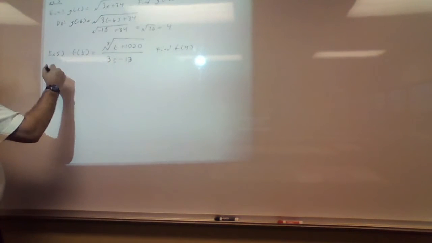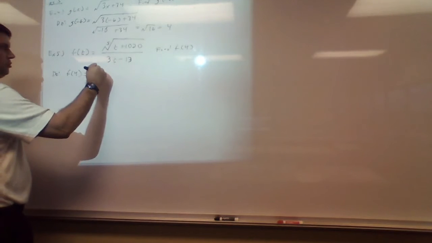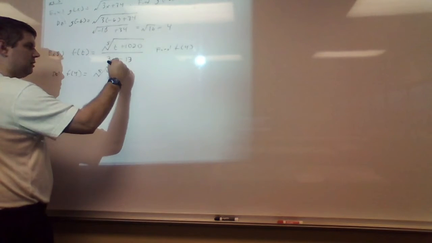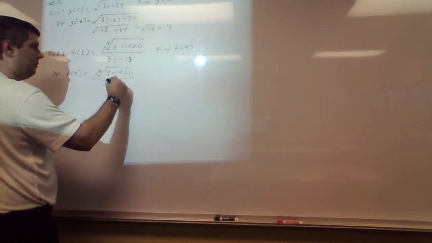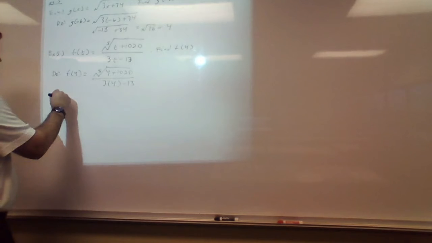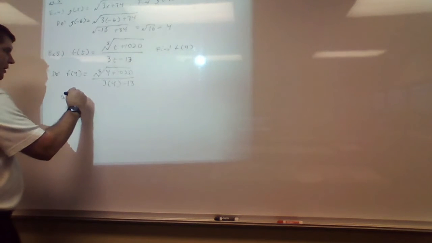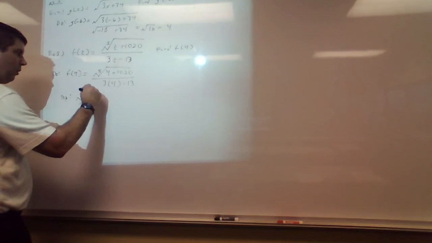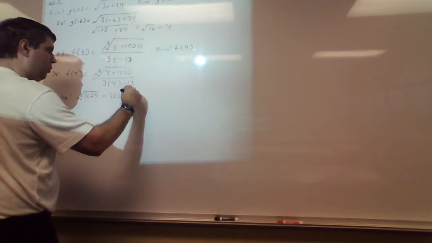So I have f of 4 equals the fifth root of 4 plus 1020 over 3 times 4 minus 13. I'll do the top and bottom separately. The top is going to be the fifth root of 1024, which is equivalent to 1024 to the 1/5 power.